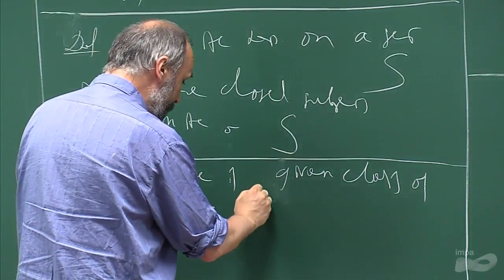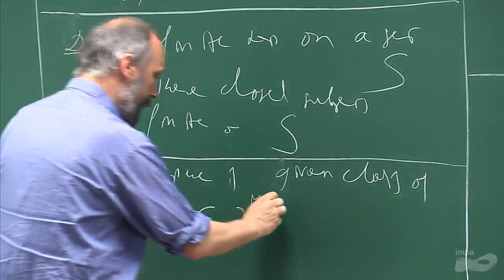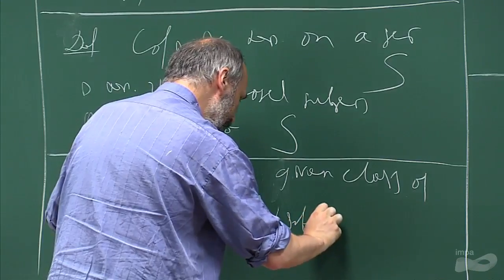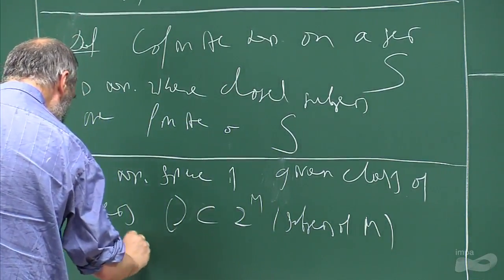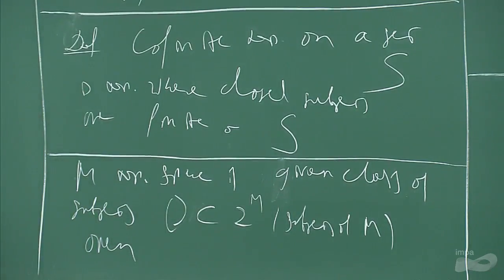The set of all subsets is denoted 2 to the power M. These subsets are called open, and closed is the same as the complement of open. This is part of the definition.